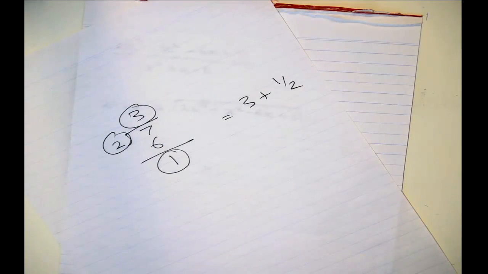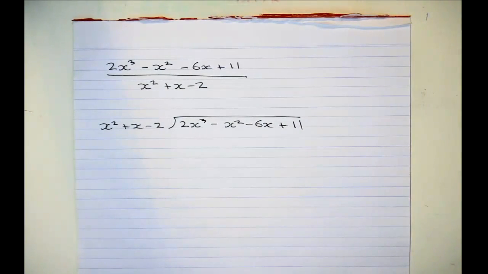Same idea. What you do here with polynomials, though, is you look at the highest power underneath the divide by symbol, which is 2x cubed, divided by the highest power of what you're dividing into, which is x squared. 2x cubed divided by x squared is x, isn't it? No, it's not. It's 2x. All right?